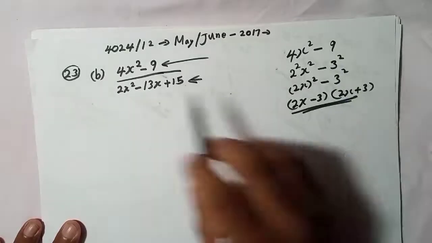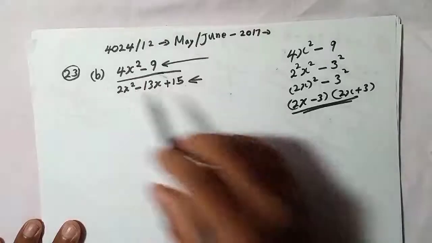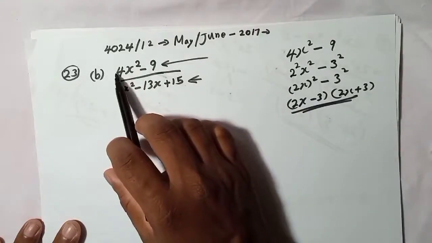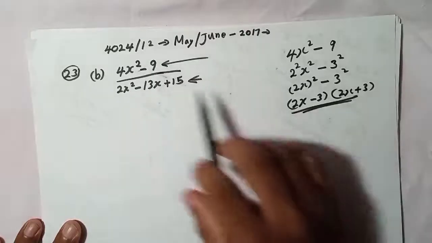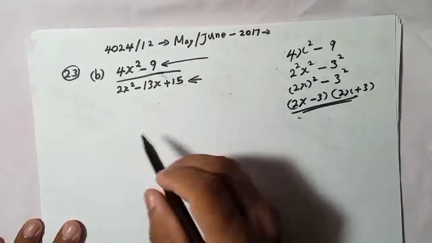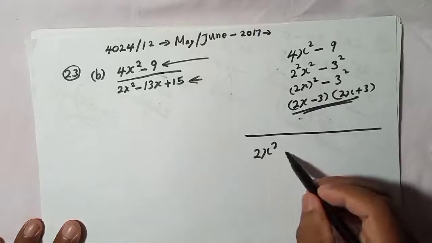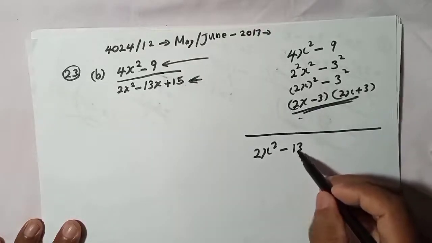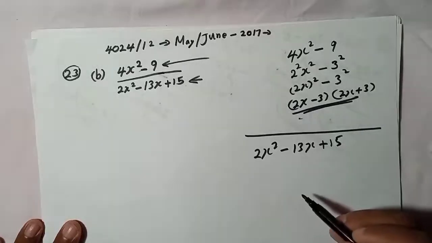Now this is the answer for the top one, the numerator. I factorized this, so that means I can replace the numerator with this, right? Okay, then this one, 2x square minus 13x plus 15, like we did earlier.